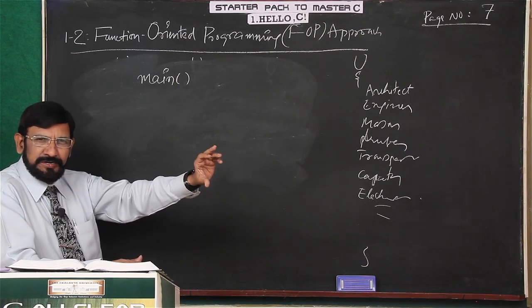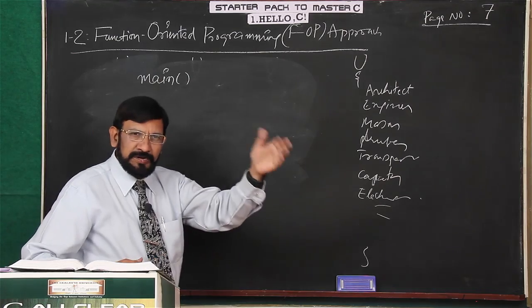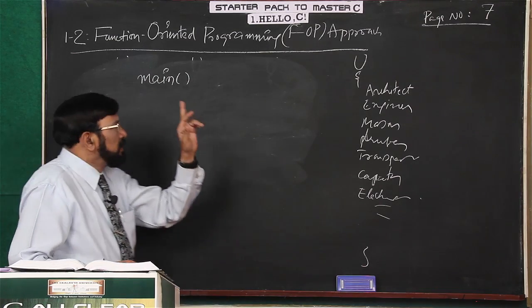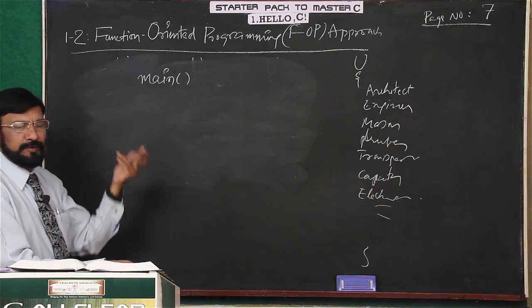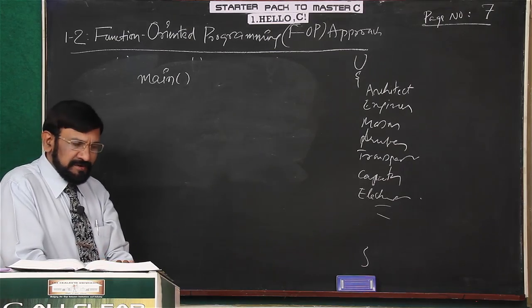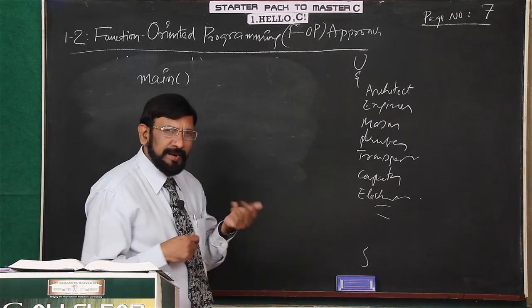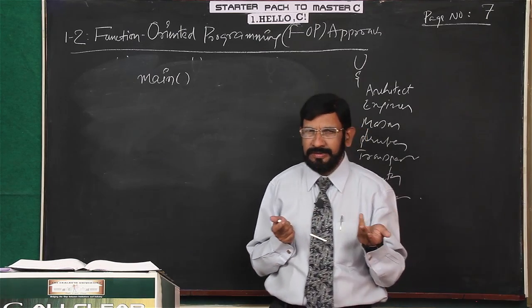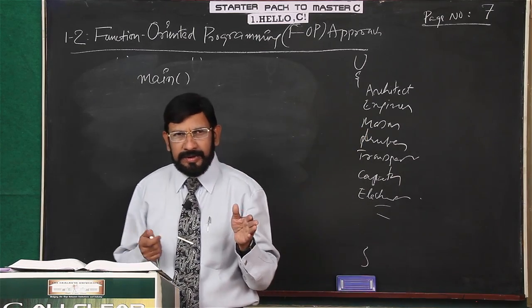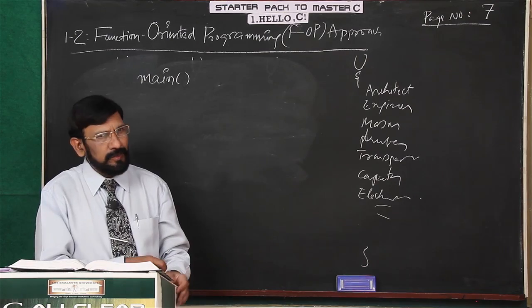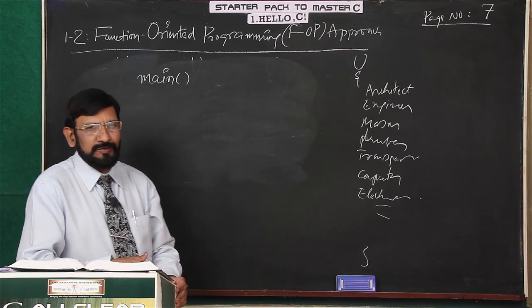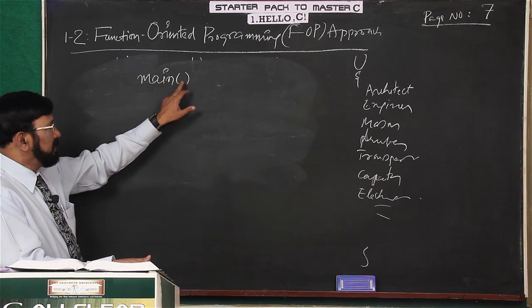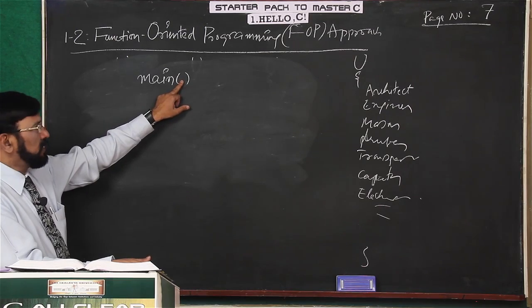Function means a specialist. It can perform a specialized job, that is the meaning. Here the name tells what it is doing. You can understand carpenter, I need not explain what he does; painter, architect, engineer, I need not explain. Simply by names you can understand. C also follows the same thing. One name is the indicator of a function.